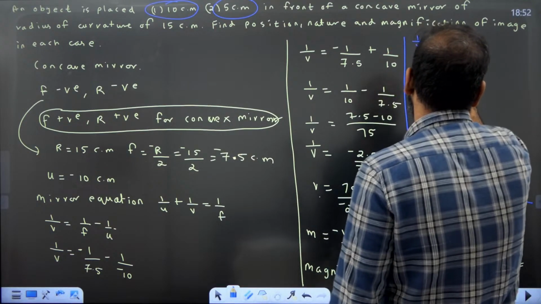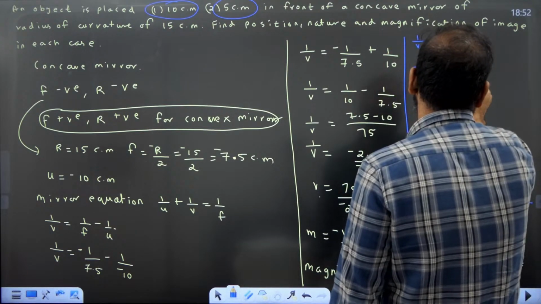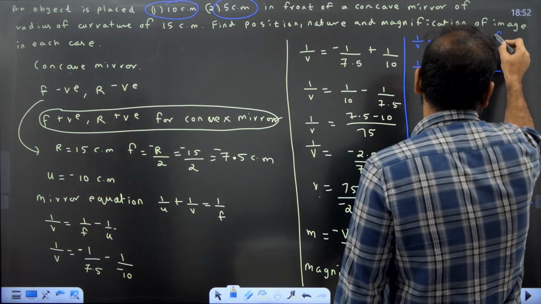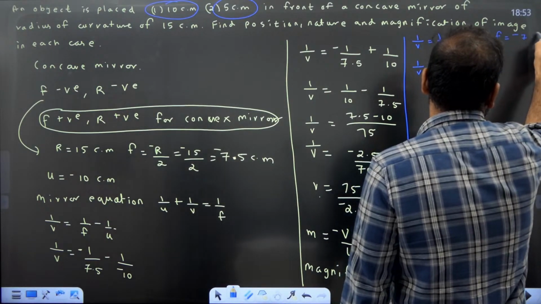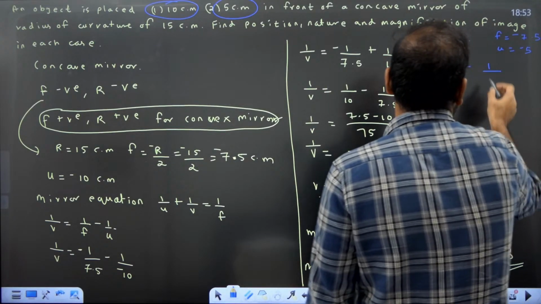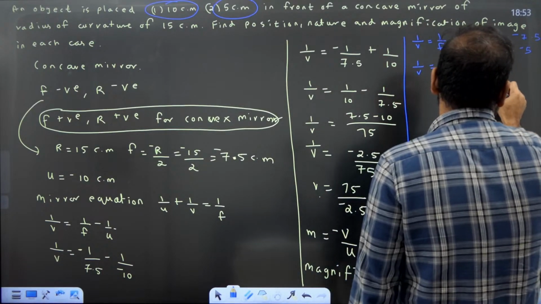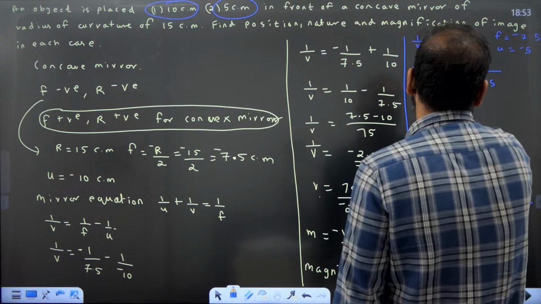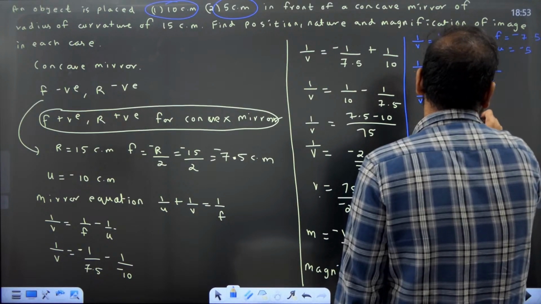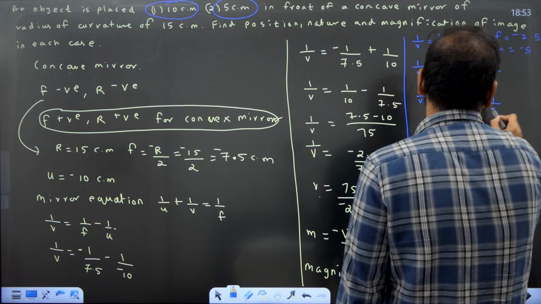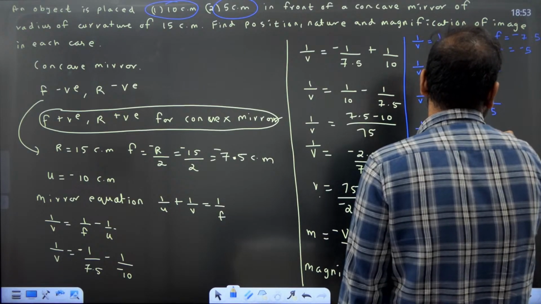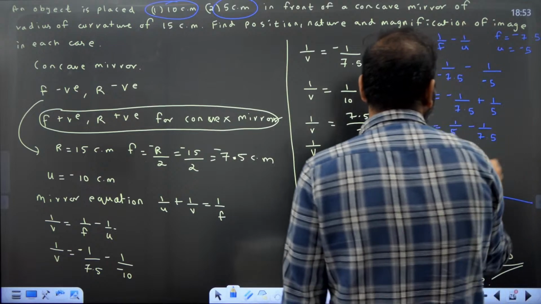So 1 by minus 7.5 minus 1 by u, where f is minus 7.5 and u is minus 5. So instead of u I am writing minus 5. So 1 by v is equal to minus 1 by 7.5 plus 1 by 5. So 1 by v is equal to 1 by 5 minus 1 by 7.5. I am writing the positive term first.